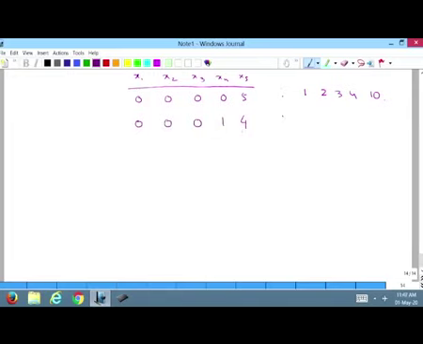Therefore, this gives us the solution 1, 2, 3, 5 and 9. Then 0, 0, 0, 2, 3. Therefore, we get the solution 1, 2, 3, 6 and 8.